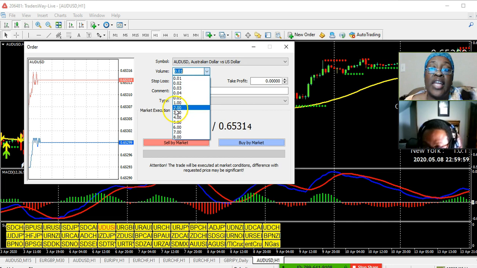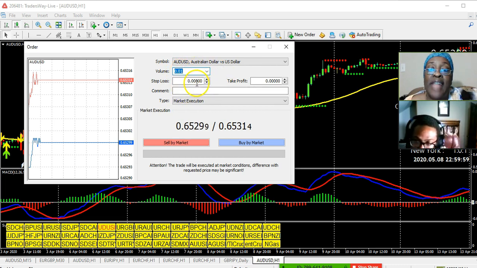Then from 50 cent, it jumps to $10, $20, $30, $40. But there's a lot of money in between that: 90 cents, $1, $2, $3. So the best thing to do is to manually put your leverage, your lot size, in here.